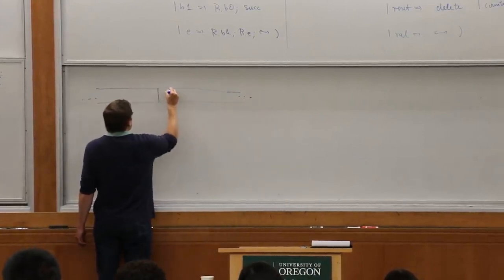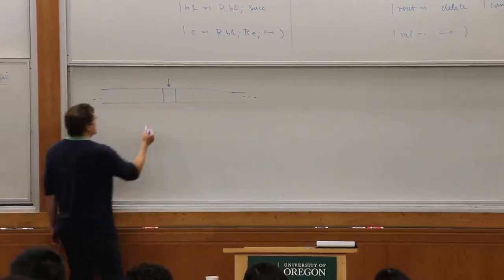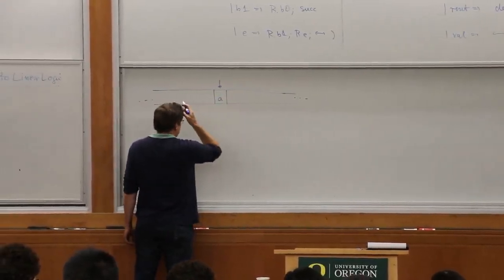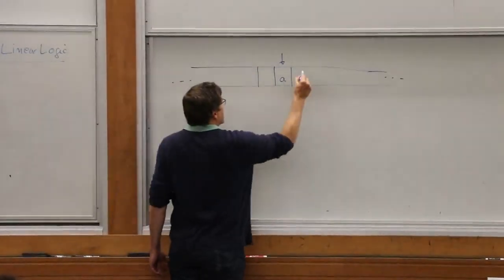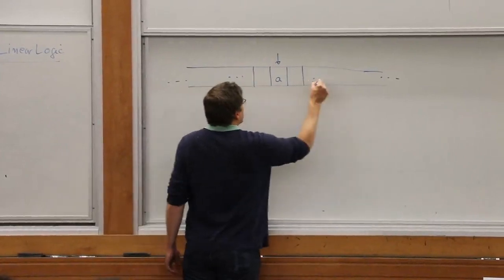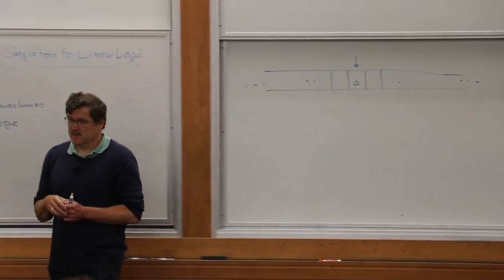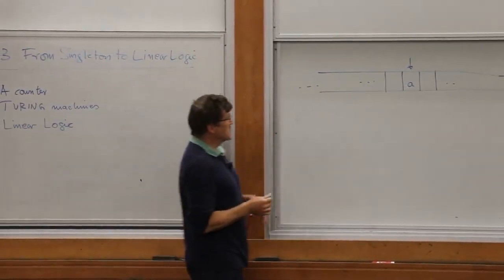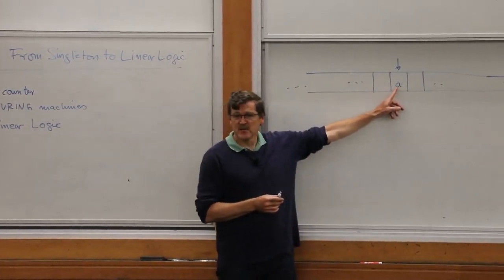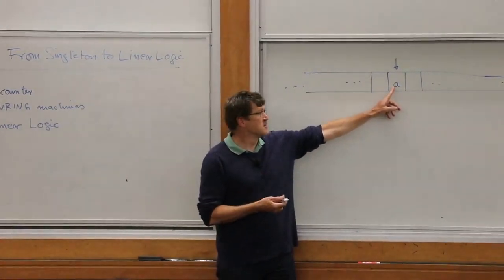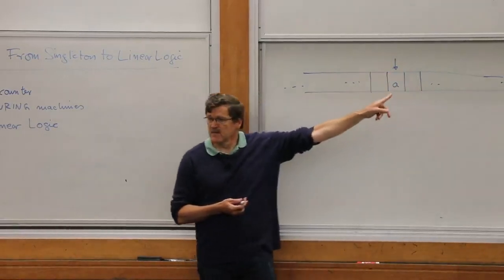We have a current cell, and there's a read-write head that points at the current cell, with some symbol in it, maybe a symbol A. We can read the symbol at the current position of the tape head. And based on the transition function, which is the finite control of the machine, we can write some new symbol here, potentially writing A back if we don't change it, and move to the left or move to the right. Very simple.